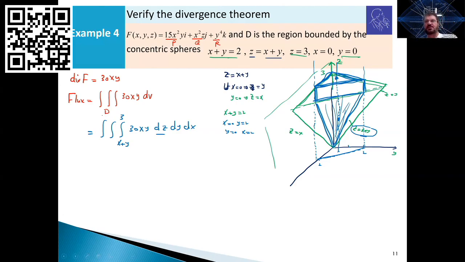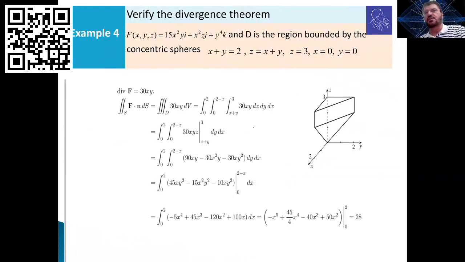So it's a new direction. You stand down, look up, the surface is going to be like this, and this is how it goes. If you look at this, you are standing here, this is 2, and this is 2. You are somewhere here. When you look up, you're going to go through this point. Now you're going to move inside the solid, then you're going to go from here.